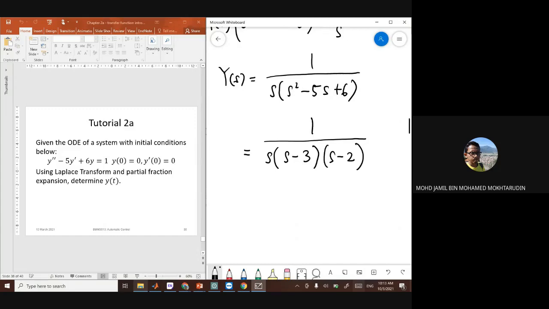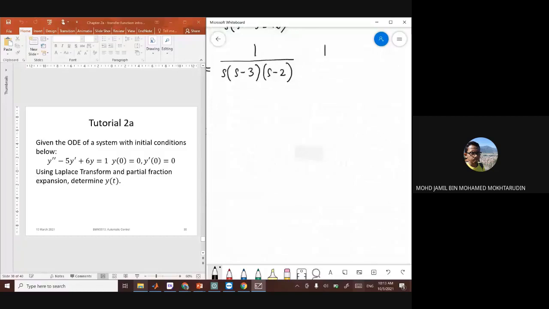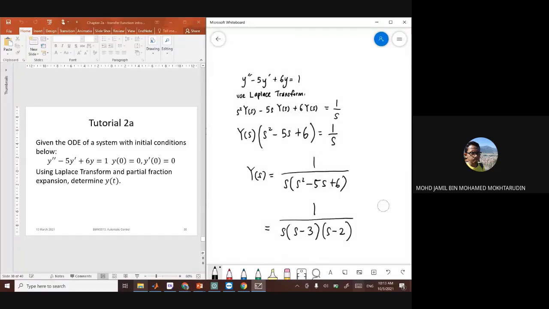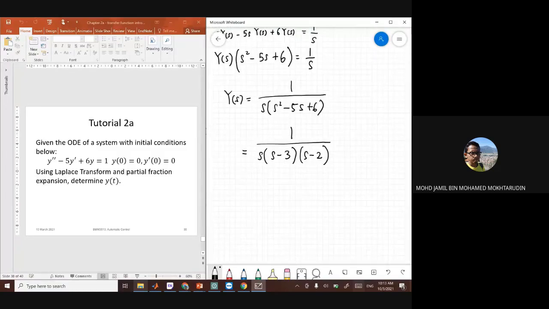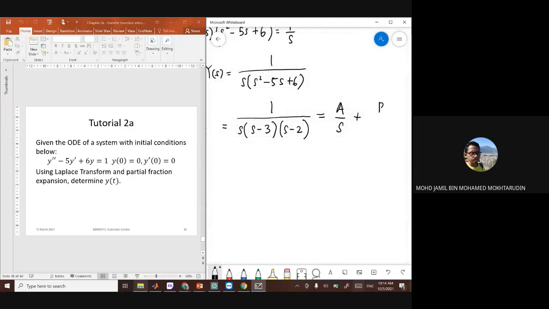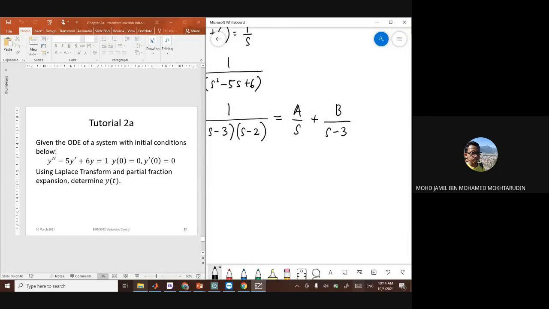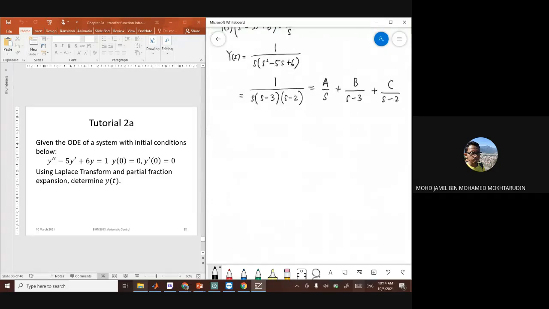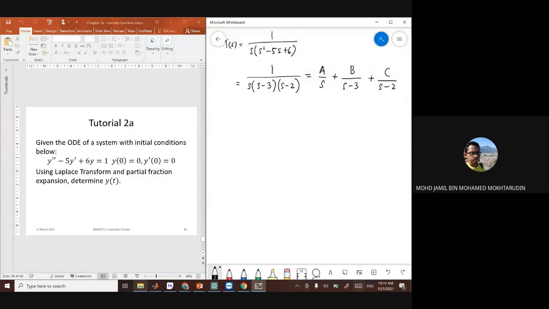Then from here you can use partial fraction expansion. So it equals A over s plus B over s minus 3 plus C over s minus 2. Then you need to find A, B, and C.